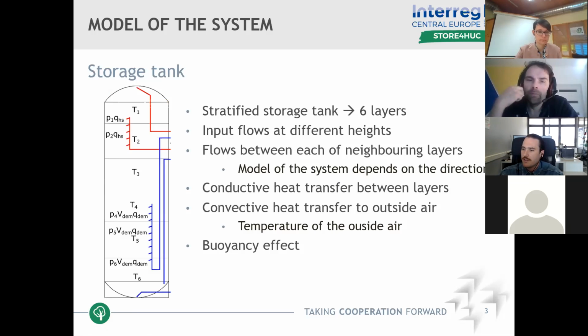So, for example, with layers 1 and 2, if the water is hotter in layer 1 than layer 2, there will be some heat coming from layer 1 to layer 2. This is the conductive heat. But if layer 2 is hotter than layer 1, the heat from layer 2 to layer 1 will go much quicker. This is called buoyancy because it will actually start to flow, going up.